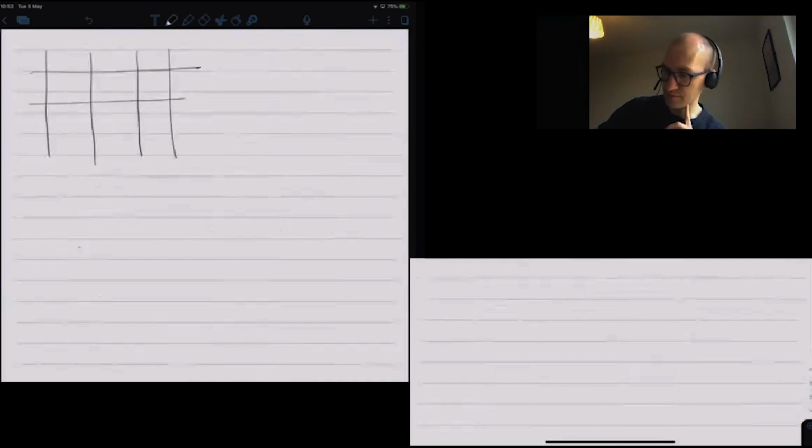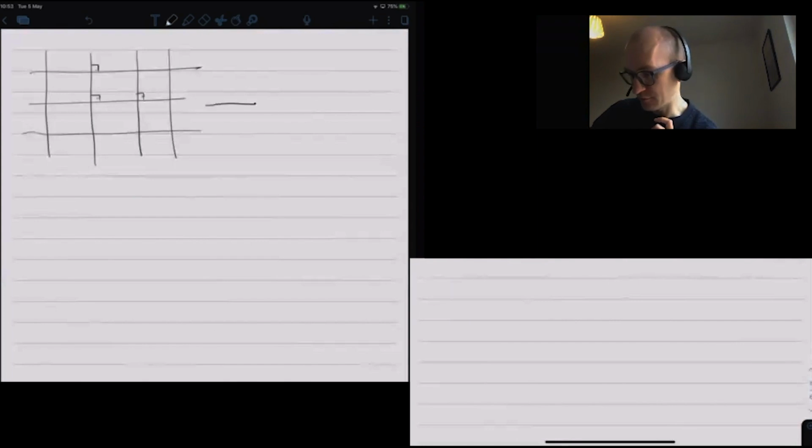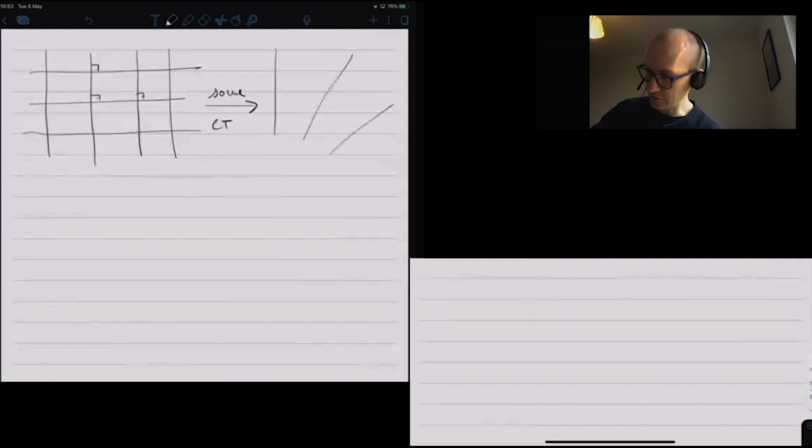And so what you can have is something like, you start with a rectangular grid, for example. Everywhere you have right angles and so on. Then you apply some conformal transformation, and you can have some very interesting bending of these things, but in such a way that the angles locally remain right angles.